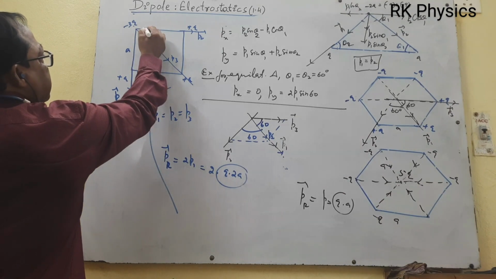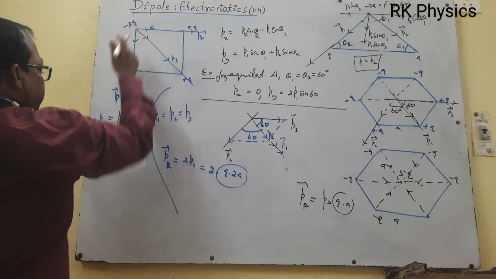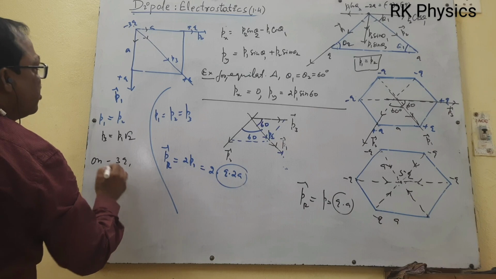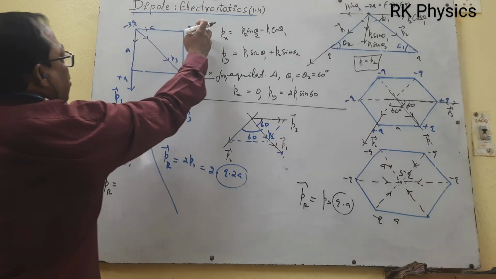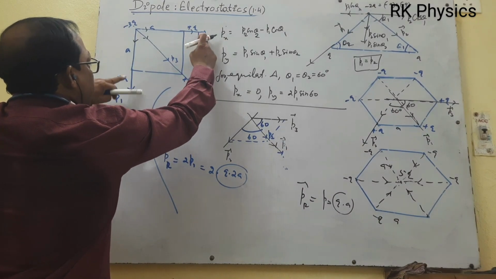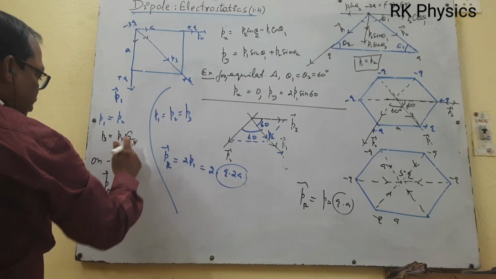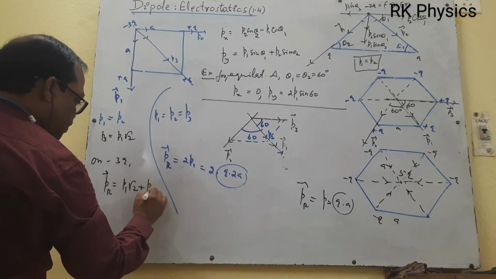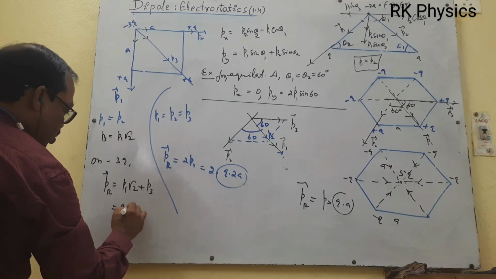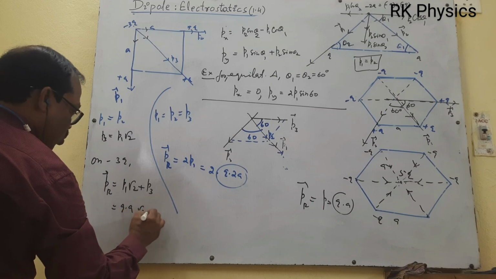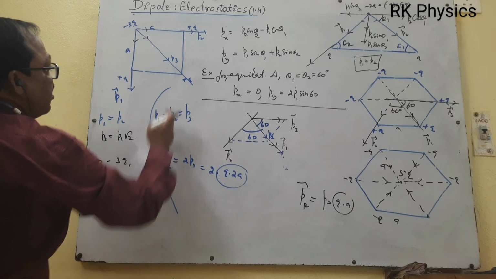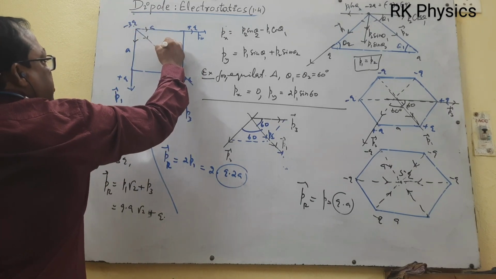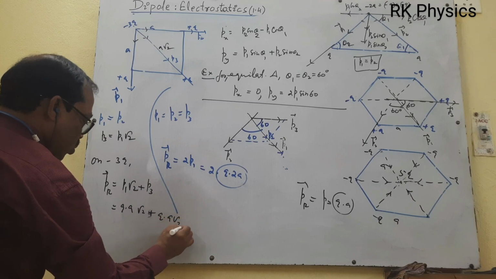Therefore, what is the net resultant moment on the minus 3q charge? On the minus 3q charge, the net resultant moment is the vector sum of these. So the vector sum of p1 and p2 is p1 root 2, plus p3. p1 is q into a, into root 2, plus p3 is again q into this distance, and this distance is a root 2.